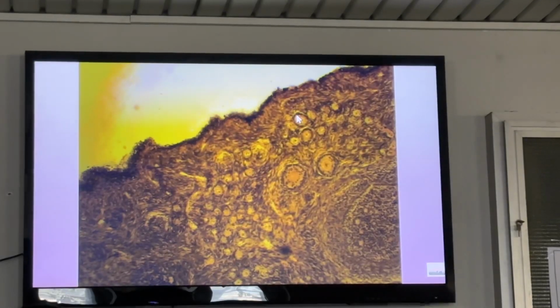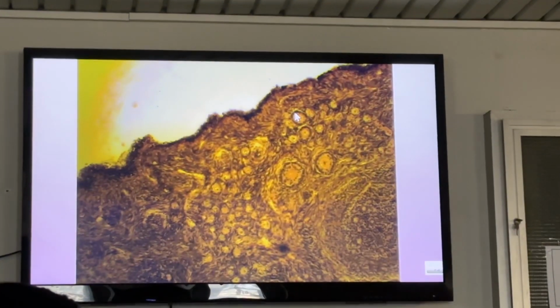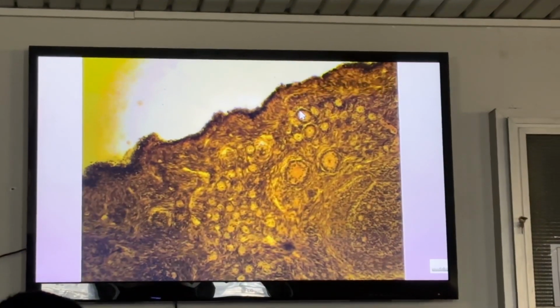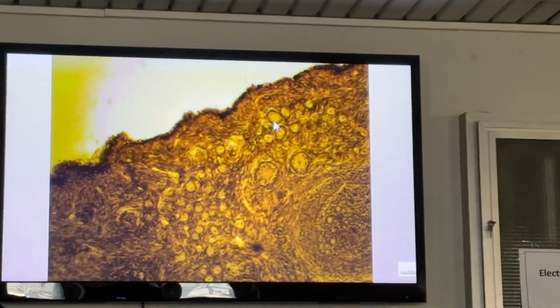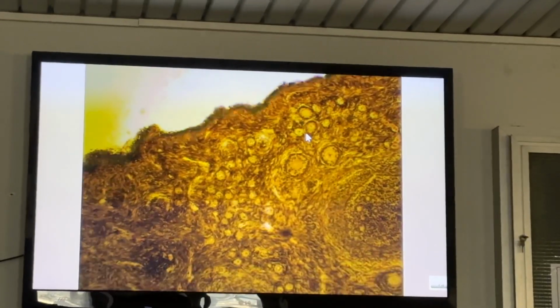Now these growing follicles proliferate by mitosis, forming stratified granulosa cells.